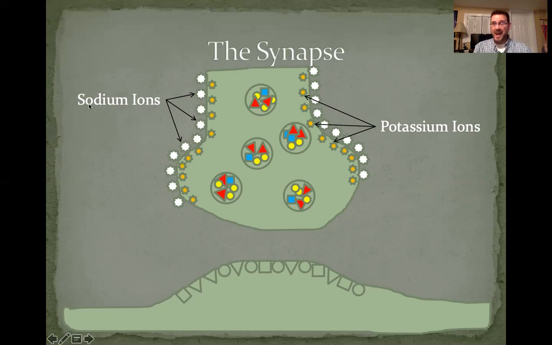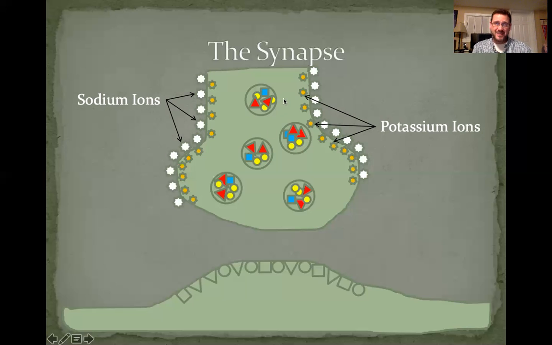Sodium starts outside the neuron's cell membrane. And you should imagine the sodium goes all the way up the axon, all the way to the cell body, maybe even around the dendrites. There's sodium ions all around the outside of the neuron.